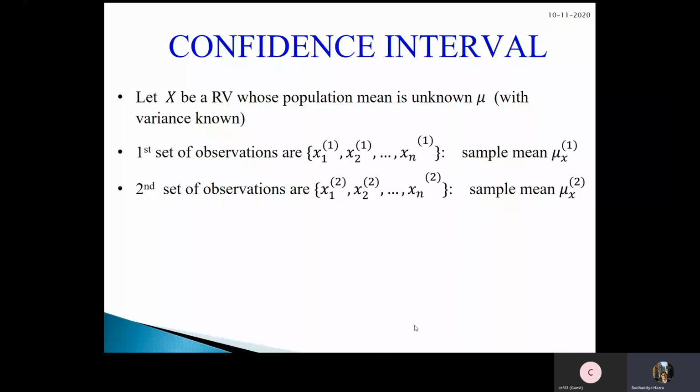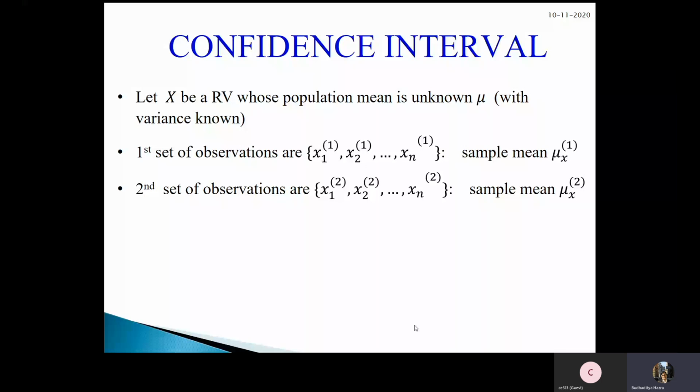It means it is the first sampling that you have done, the first set of n values. So the sample mean will be mu x1. The second set of observations can similarly be labeled x1 of 2, x2 of 2, x3 of 2, and it goes until xn of 2. And the sample mean will be mu x2.